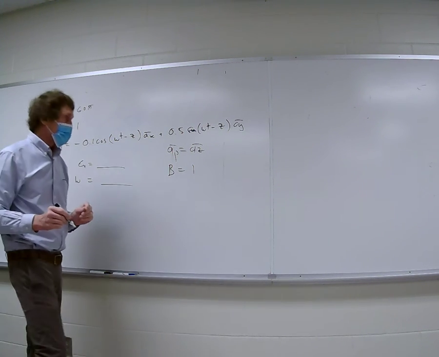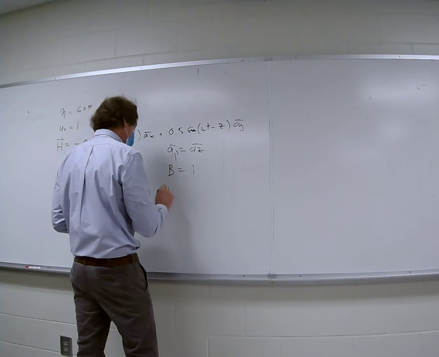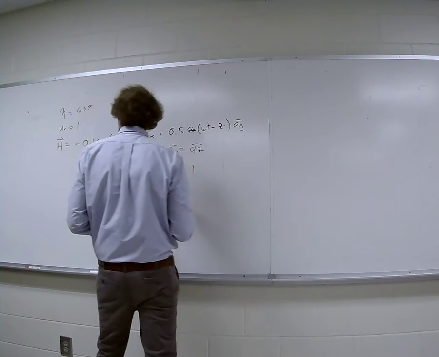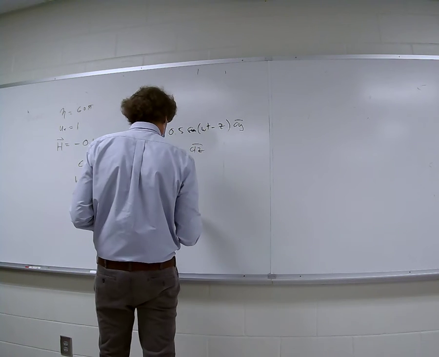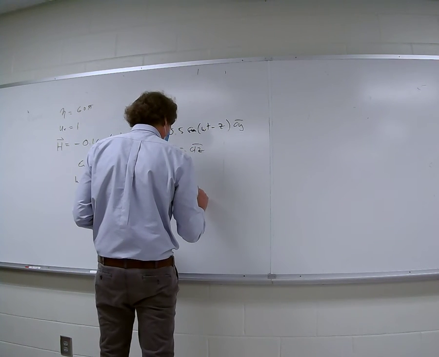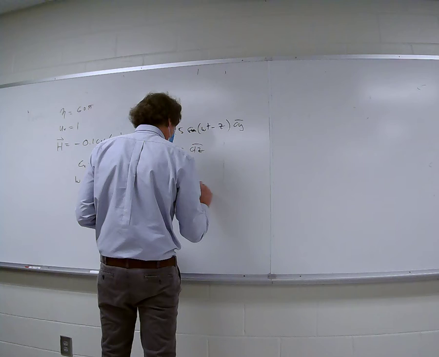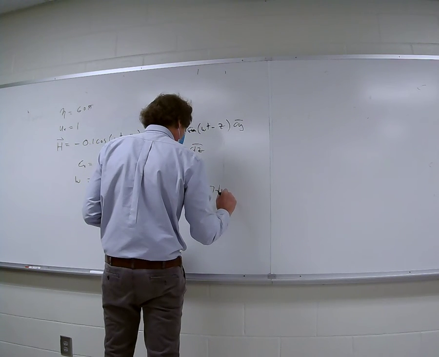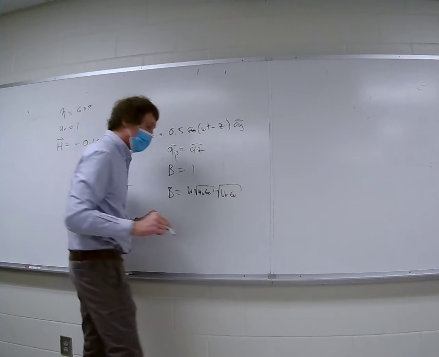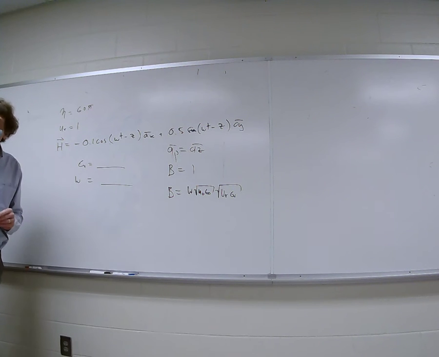So if it's lossless, I know that beta is equal to omega times square root of mu naught epsilon naught times square root of mu relative epsilon relative. Do you all agree with that? This is for a lossless case, correct? Now let me just make life a little easier for myself.